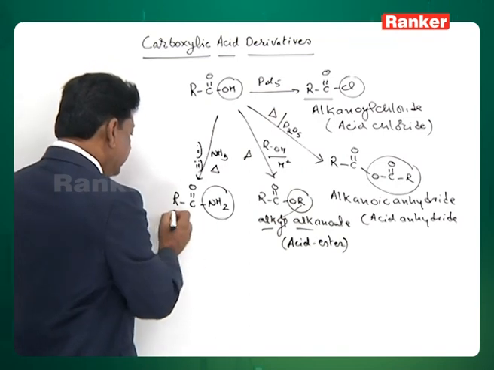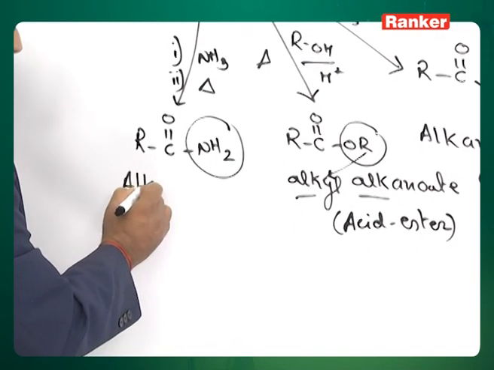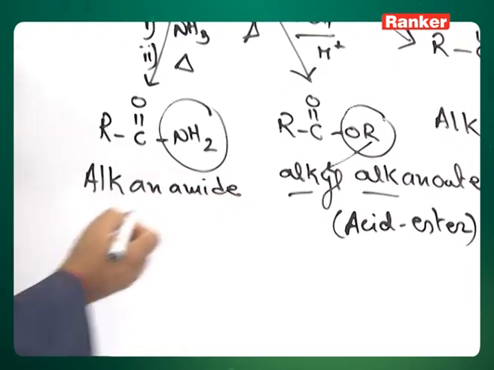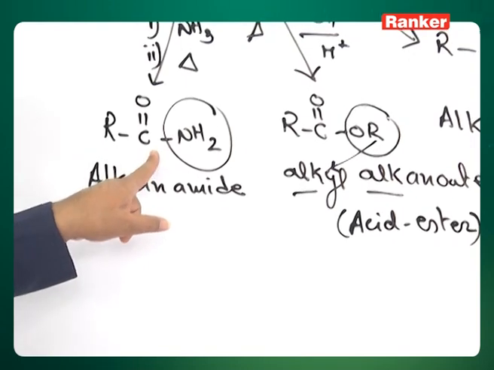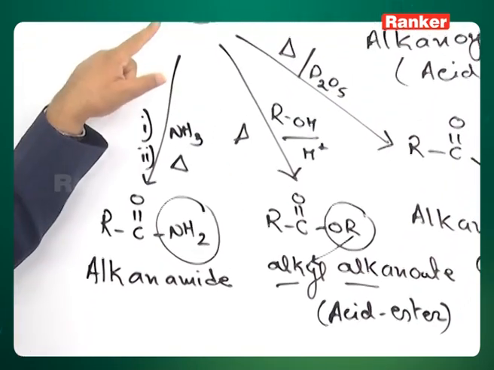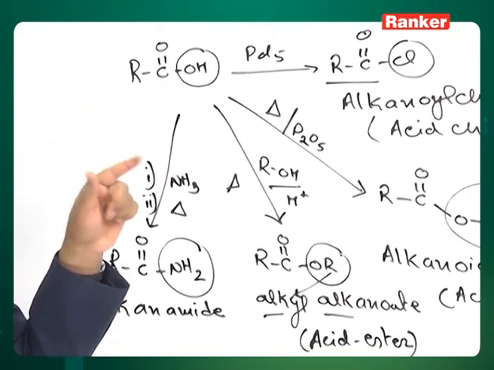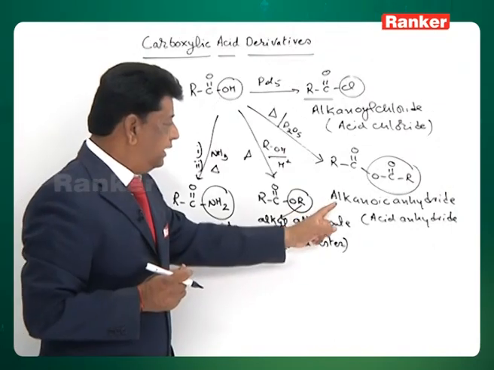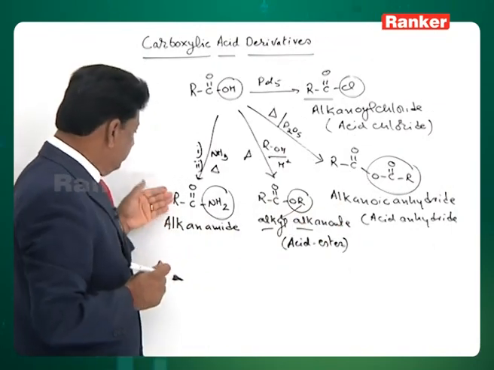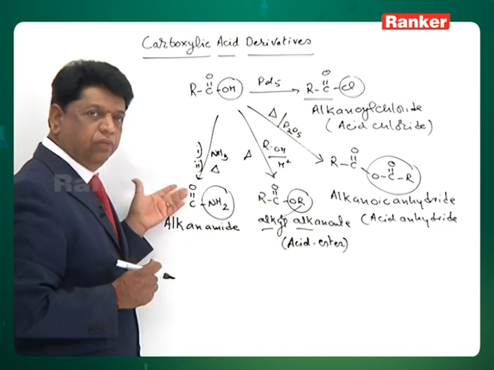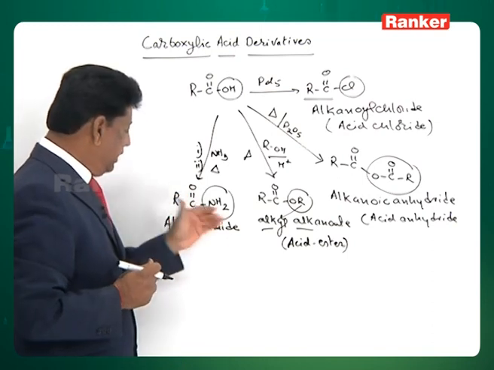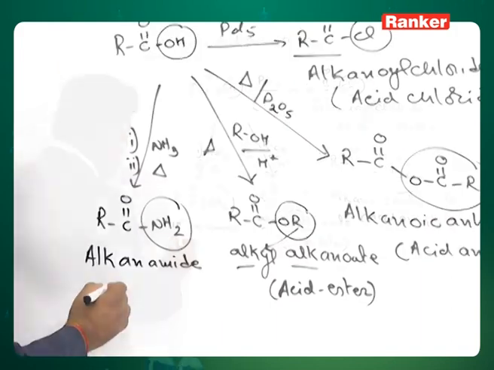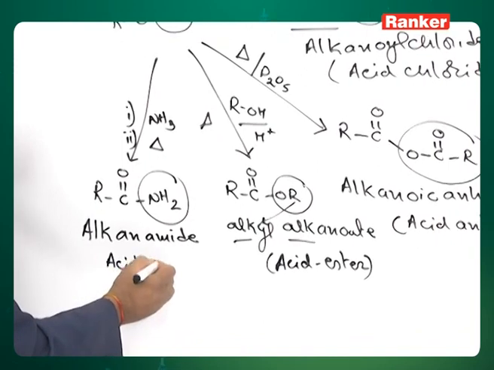This is called, systematically, alkanamide. Depending upon the number of carbons, including the carbonyl carbon, always, as in the acid, including the carbon, we say alkanoic acid. Like that, in all these, including the carbon, the number of carbons will decide what that alk is. For example, if the R is H, this is a 1 carbon acid, therefore, methanamide, ethanamide, propanamide and so on, commonly known as acid amide, acid amide.